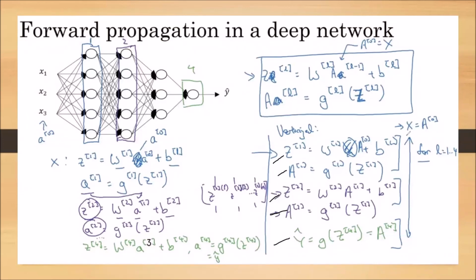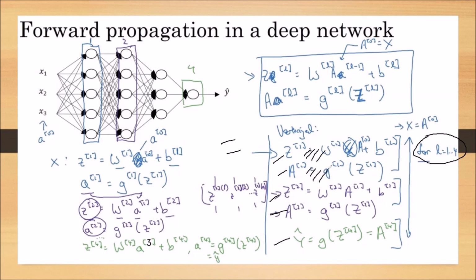We can use the for loop, even though we discussed avoiding the explicit use of for loops. Here there is no way around it. We have to represent this with a single two-line code with a for loop, and that code will be executed 4 times. First it calculates Z1 A1, next Z2 A2, next Z3 A3, next Z4 A4.